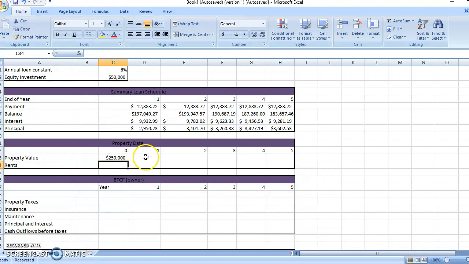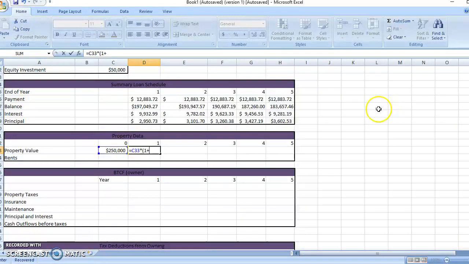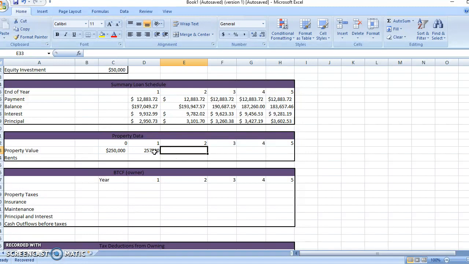So then now over here, we want to do this times 1 plus the property growth rate, which is 3%, so it's right there, and that is C10, and there it is. I don't know why that's not formatted correctly, but you get the gist of it.